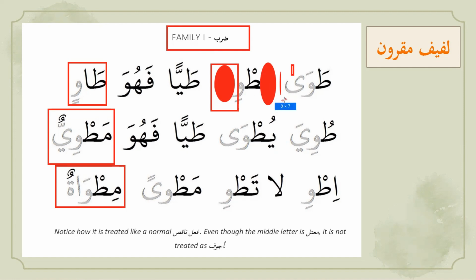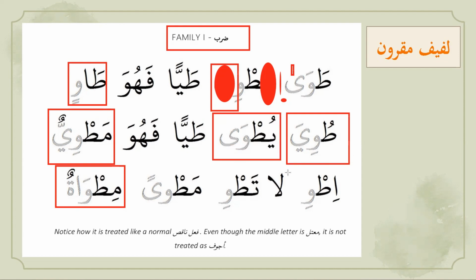So if dhamma is there, then it takes dhamma, otherwise it takes kasra. Because there is kasra, this takes kasra. Itwi, la tatwi. Okay. The past passive and present passive are as expected, on the pattern of fu'ila, tuwiya, and the pattern of yuf'alu, yutwa. Okay.